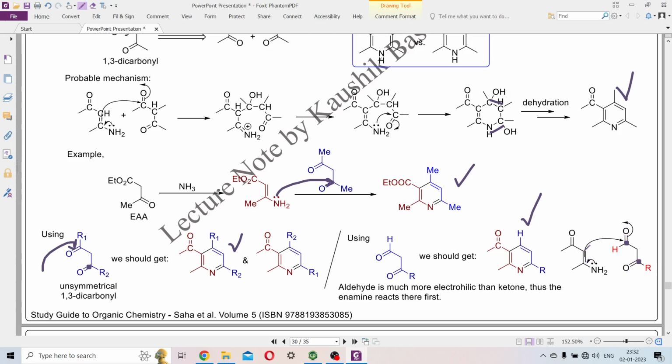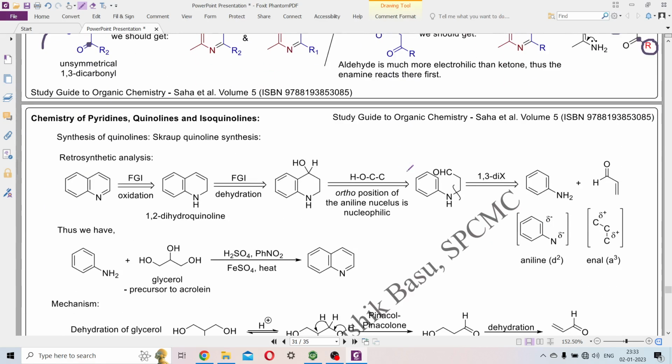It is the association of that carbon with that carbon which takes place first, and automatically the position of the R is fixed at C2 and the hydrogen is fixed at C4. Okay, so these two syntheses we have in our syllabus for the pyridine nucleus.